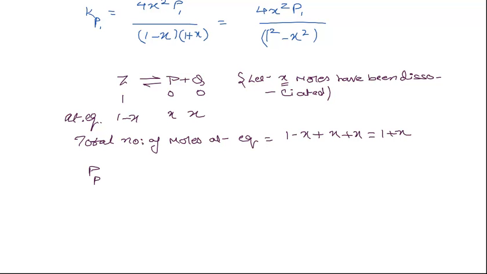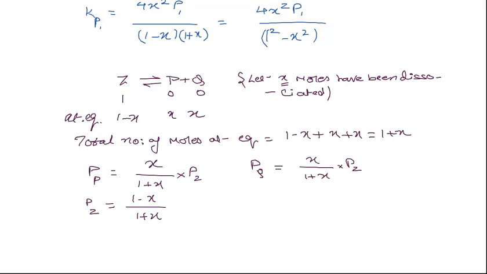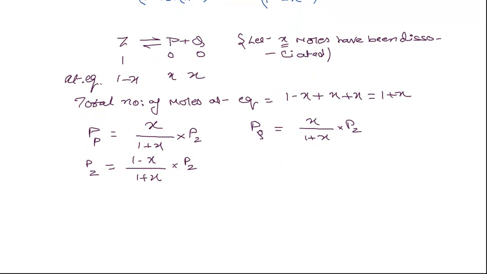Now the partial pressure of P is equal to x by 1 plus x into P2. Likewise, the partial pressure of Q is x by 1 plus x into P2, and the partial pressure of Z will be 1 minus x by 1 plus x into P2. Now let's write down the equation for Kp2.